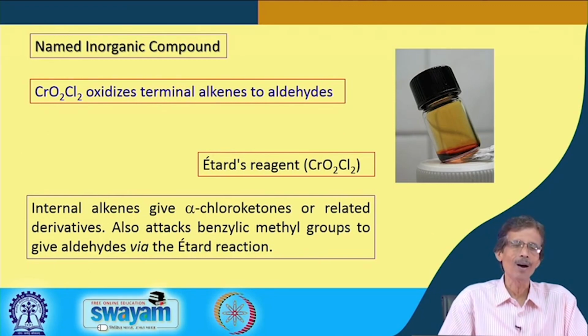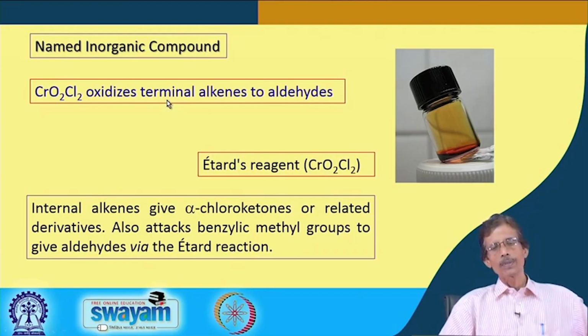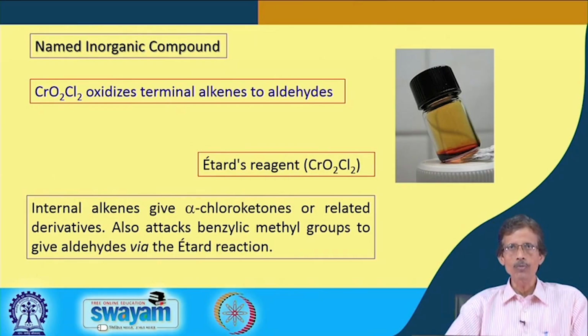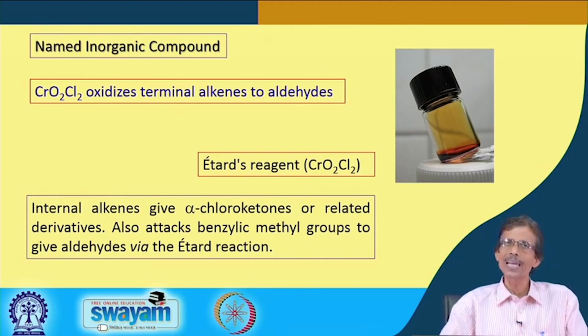So, what we see now, previously we were talking about the oxidation of terminal alkenes to aldehydes. If we have a terminal alkene, or if we are able to make some amount of terminal alkene from some alkane also, that can be converted to the aldehyde, because the conversion of a typical alkane to aldehyde is not always easy.